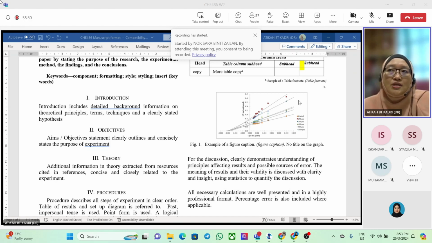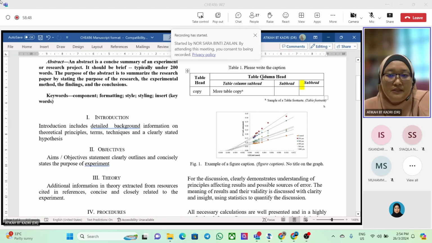You only include charts and figures when they are going to be discussed or mentioned in your text. For example, if you have table one but table one is not being mentioned at all in the text, that means this table one is useless. Are we okay?